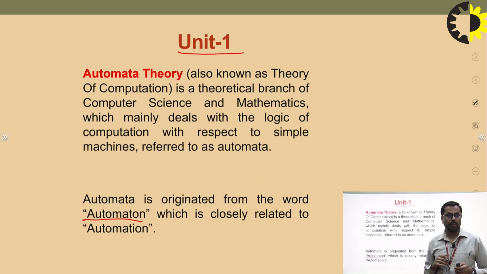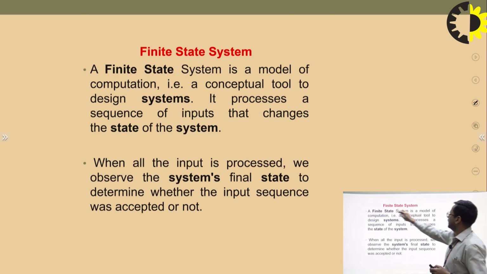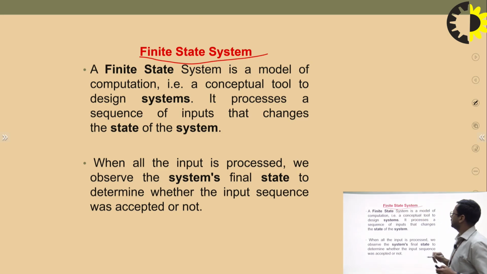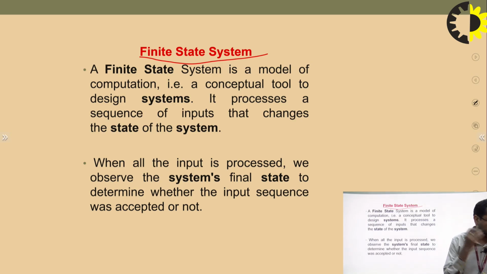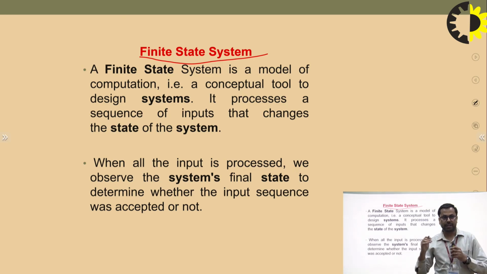My first topic is the finite state system. What is finite? A finite state system is a model of computation. Basically, finite is specified in terms of numbers, so that we can specify and measure the numbers. The finite state system is, when we discuss the states from initial to final state, the number of states can be measured.